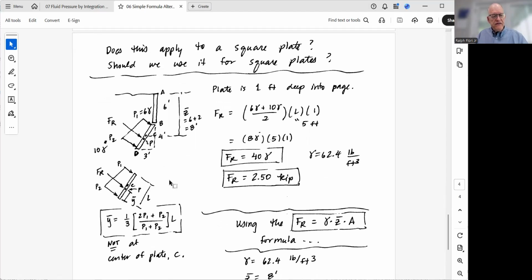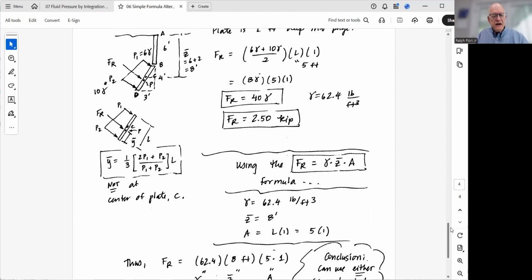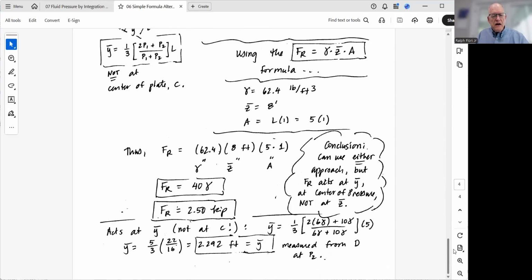The location of FR, we can use the trapezoidal formula for that. The standard formula that I gave you on the centroid formula sheet is Y bar is 1/3 of 2P1 plus P2 divided by P1 plus P2 times L. And so if you plug our numbers from this problem into that, it's 1/3, 2 times 6 gamma plus 10 gamma.